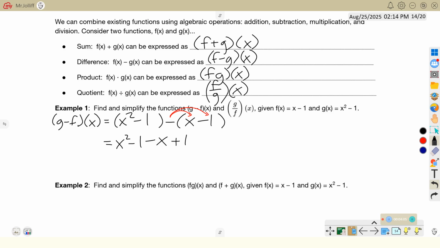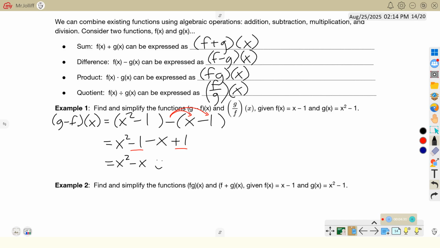There's one more thing I can do. How can I simplify that? Very good. Combine those like terms, those constants. Perfect. And plus 1 minus 1 is 0. They're going to cancel. So I'm going to be left with an x squared minus an x.